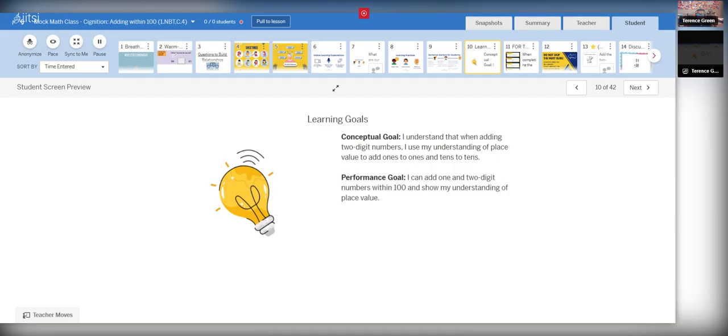Our performance goal says that I can add one and two-digit numbers within 100 and show my understanding of place value. That's what we're going to focus on for today.